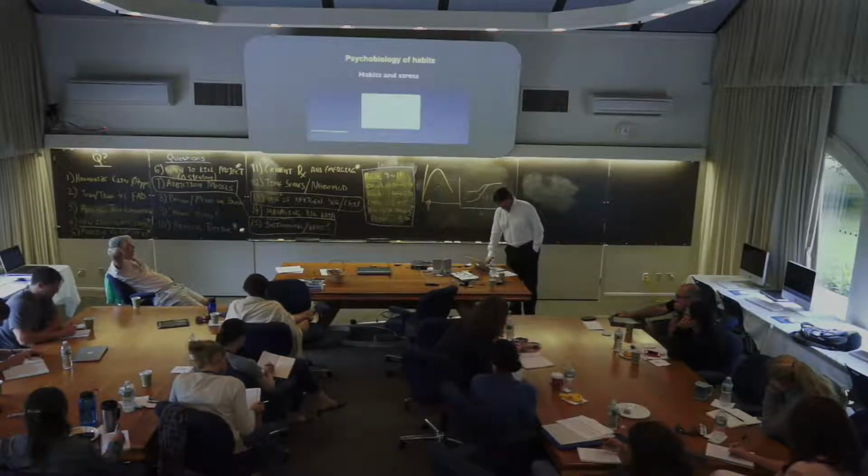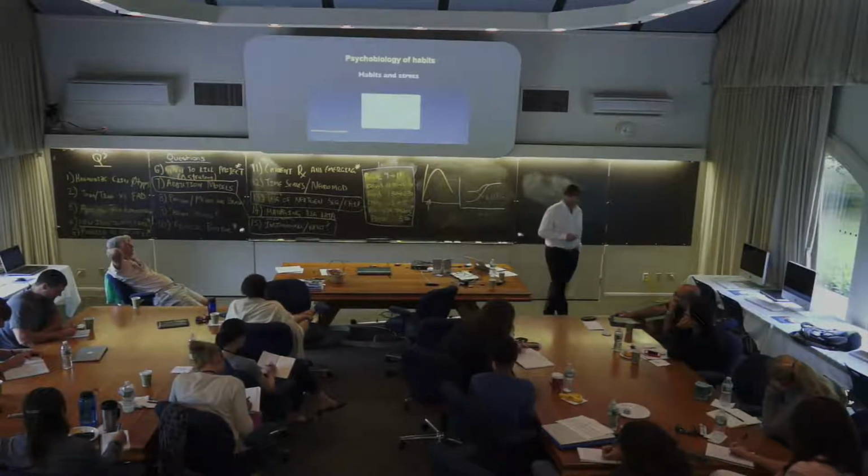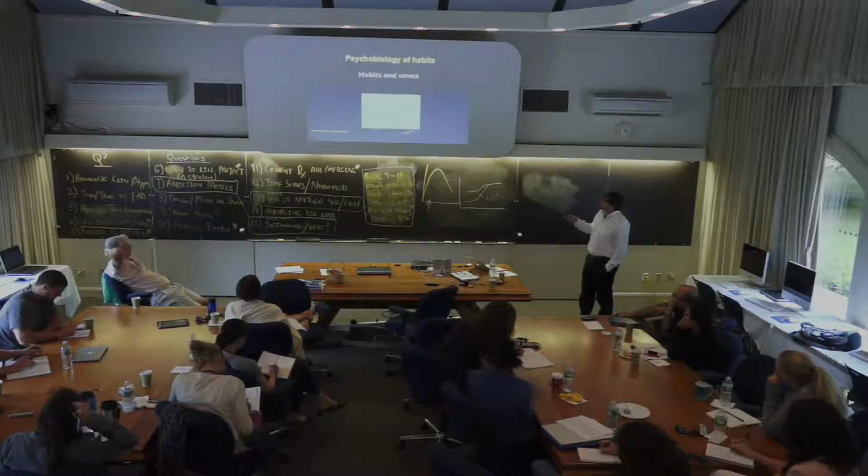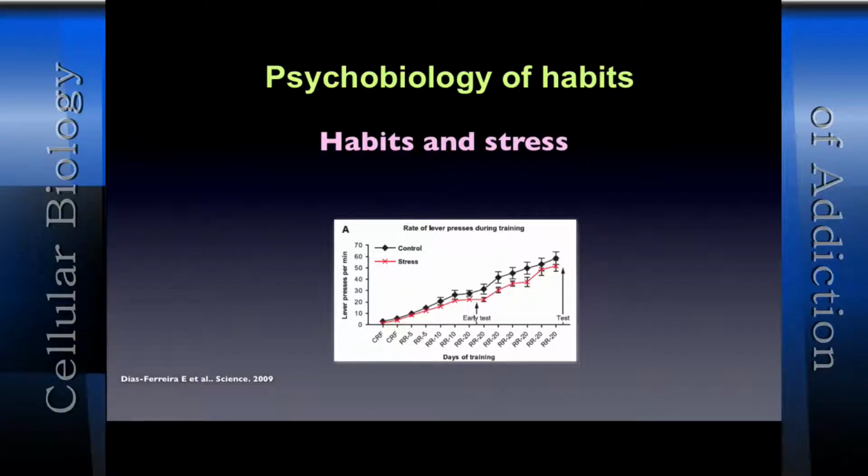And this is the first neurobiological data I'd like to show you. This isn't from my work, but a very nice work showing that control or stress animals are trained under ratio schedules of reinforcement, and they learn perfectly in their behavioral performance. It's exactly the same, though one group is stressed, chronic stress, and one group is not stressed.